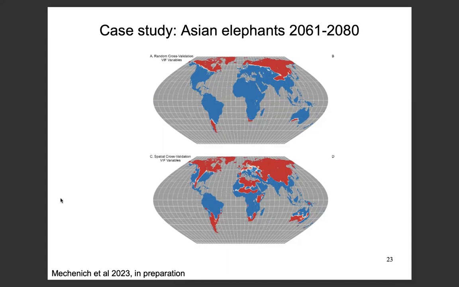But from the machine learning point of view, the important part is that these blue and red are predictions based on a model where feature selection was done using random cross-validation, the usual randomized cross-validation. Blue are positive predictions and red are negative predictions, so suitable or not suitable.